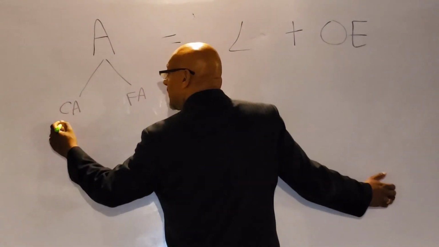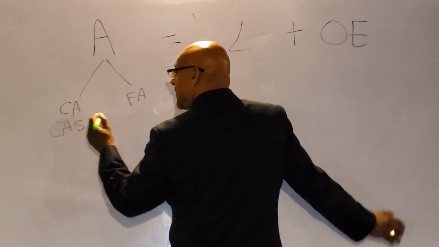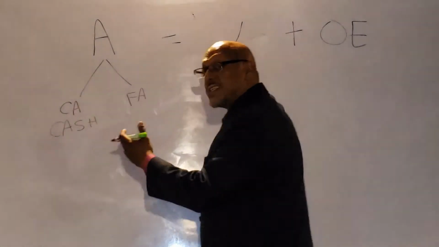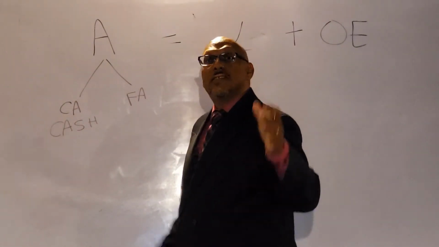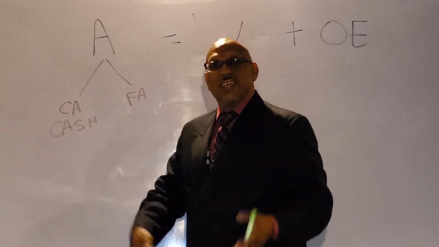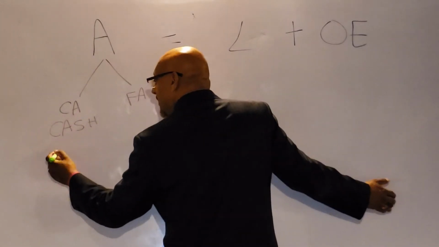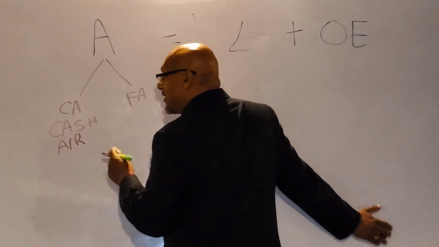Well, the big one I always put in capital letters: cash, because cash is king. Remember that. All together, cash is king. No, say it together. Cash is king. Very good. The second one I call AR, for accounts receivable.